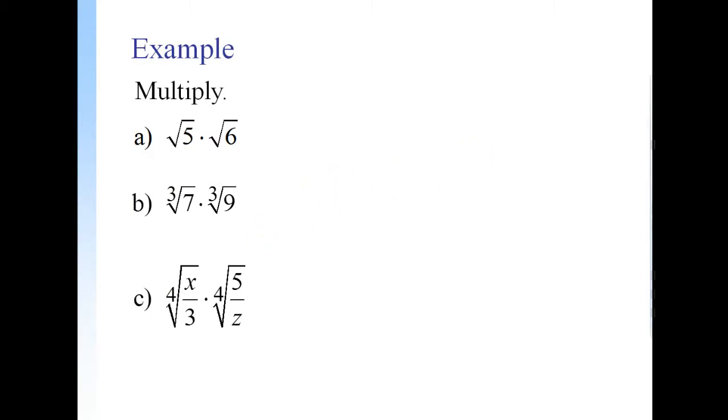So as we do these, what do we note? Well, again, theoretically what you would do is put these under a common radical sign and get the square root of 30. But we can do this step mentally.